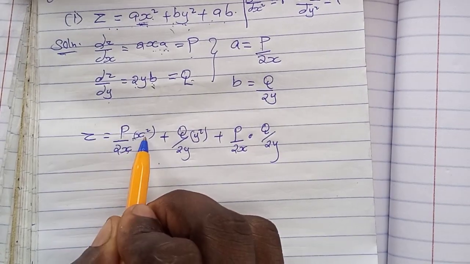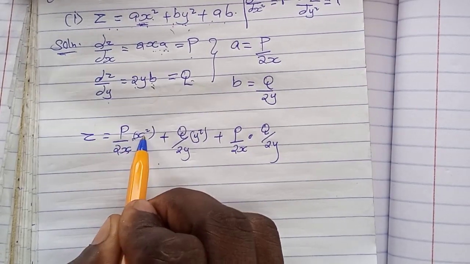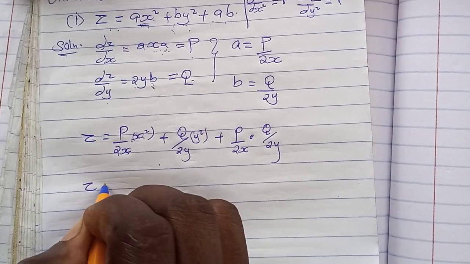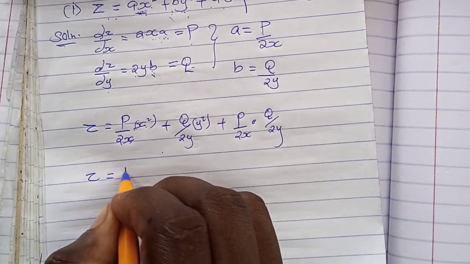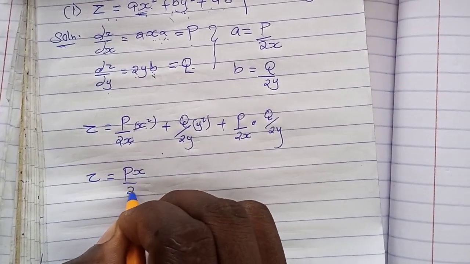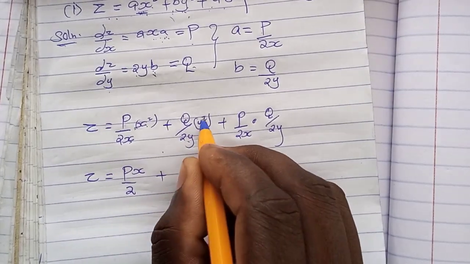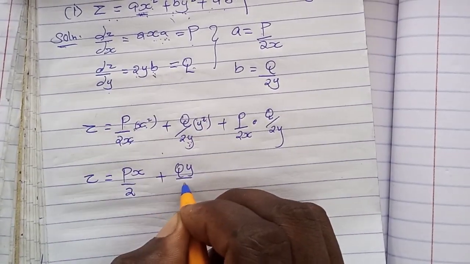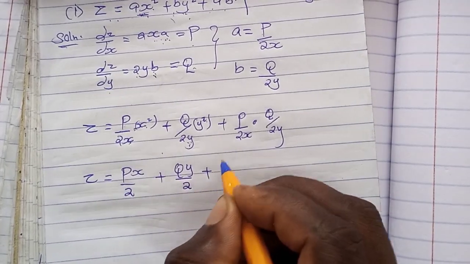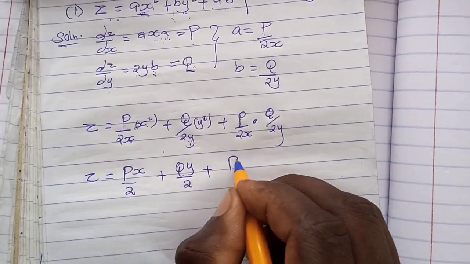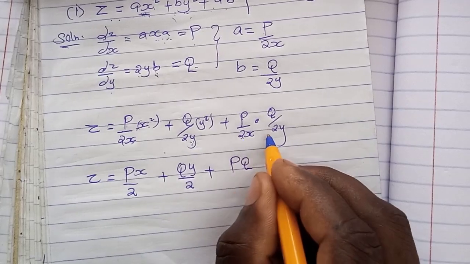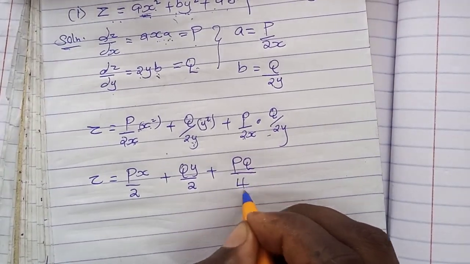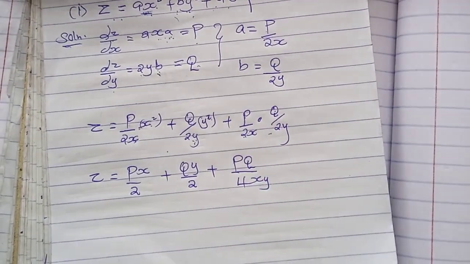If you simplify X with this one, we get Z equals PX over 2, plus, simplifying Y with Y, QY over 2, plus P times Q, which is PQ, over 2 times 2 times XY, which is 4XY.